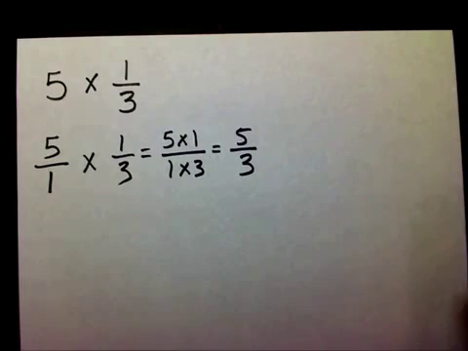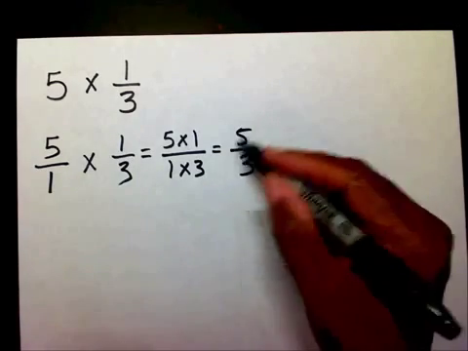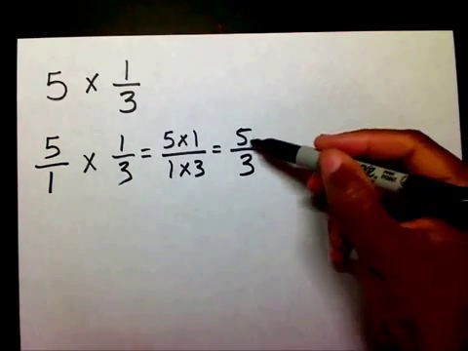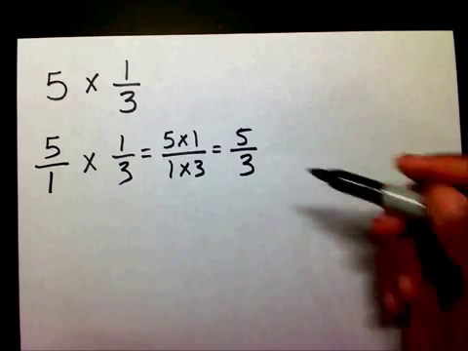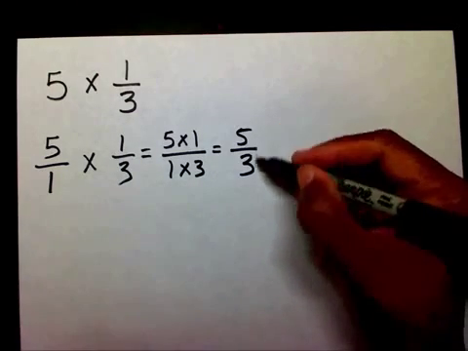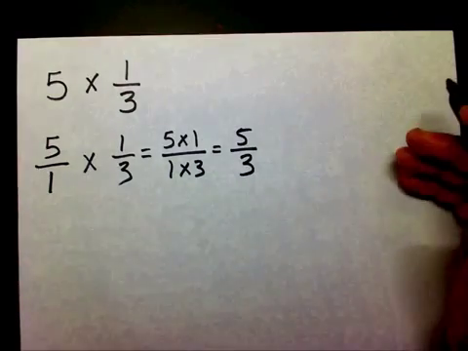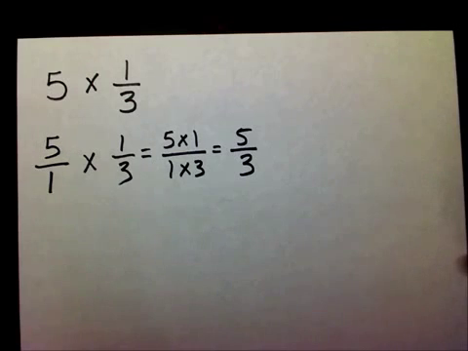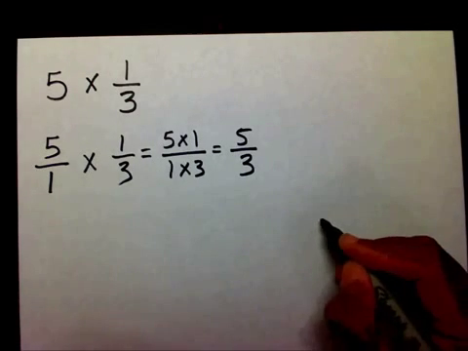I need to change this improper fraction. Now, the reason why it's improper is because the numerator is larger than the denominator. Okay? Please watch the video on changing improper fractions into mixed numbers, and I also have a video on mixed numbers into improper fractions. Okay? So we want to take 5 divided by 3.